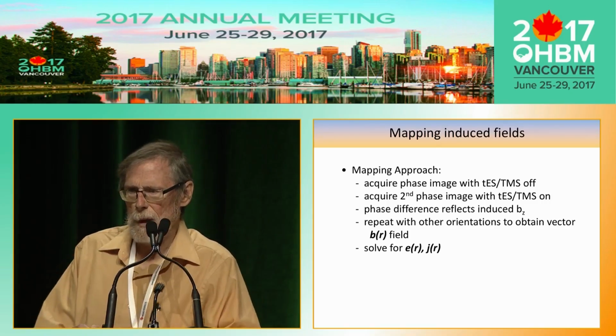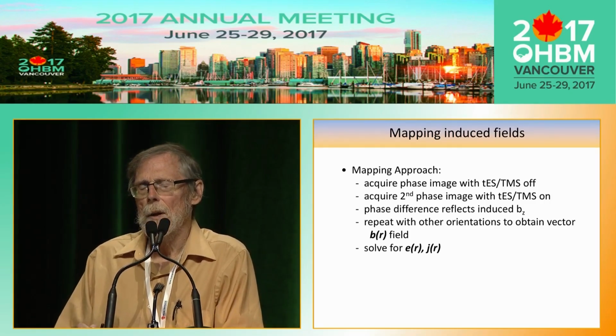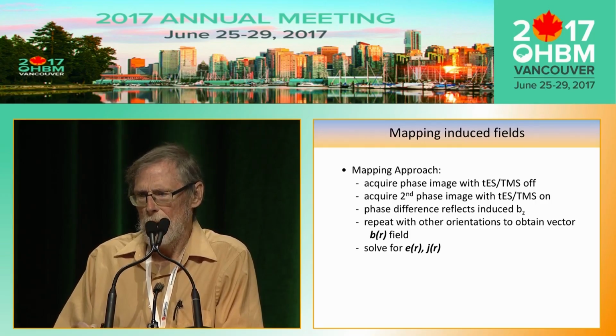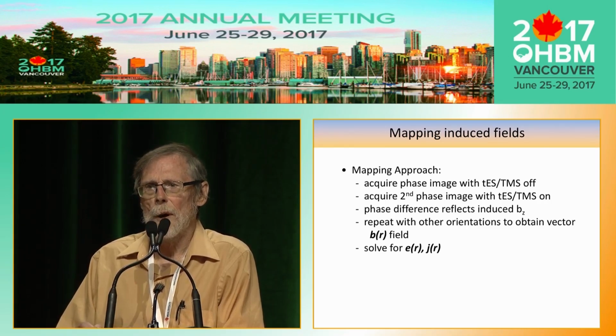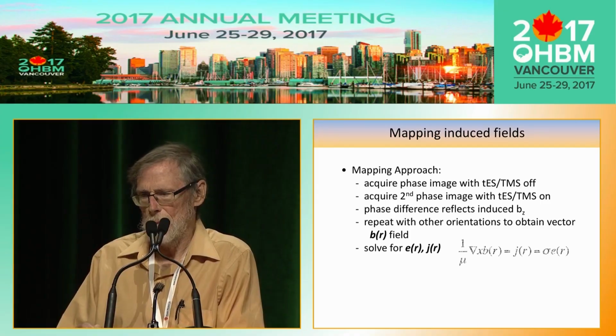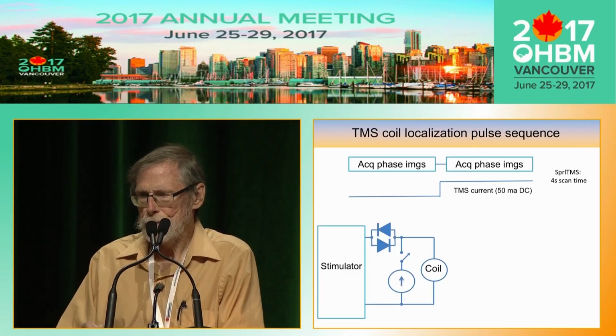So the mapping approach is to acquire phase images with and without the stimulus applied, and then look at the phase difference and calculate the magnetic field from that. And from the magnetic field, at least, you then know where to look for current changes, by using Maxwell's equations.